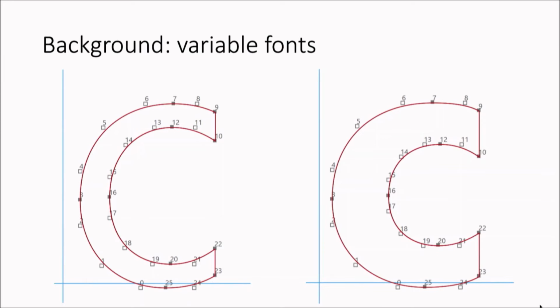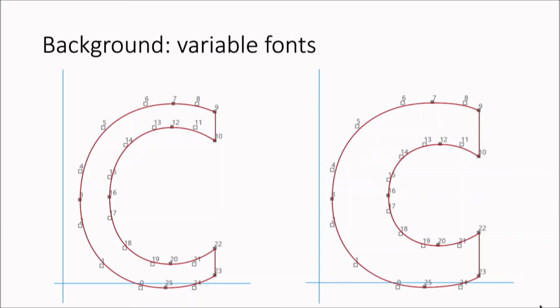I have to give you a little background on variable font technology. This was an enhancement in OpenType that was introduced five years ago. We had collaboration between Apple, Adobe, Google, Microsoft, and other companies to design this enhancement. The basic idea is this. In the past, with typical fonts, I might have a regular font and a bold font.